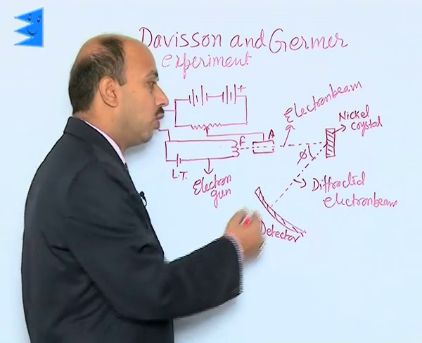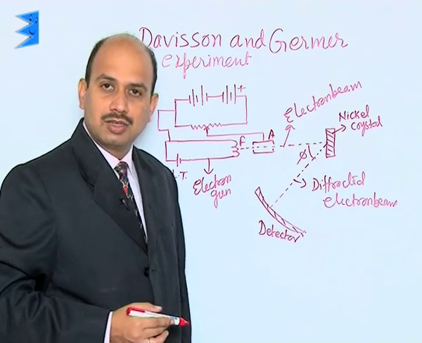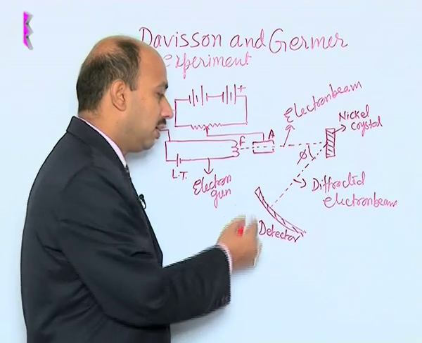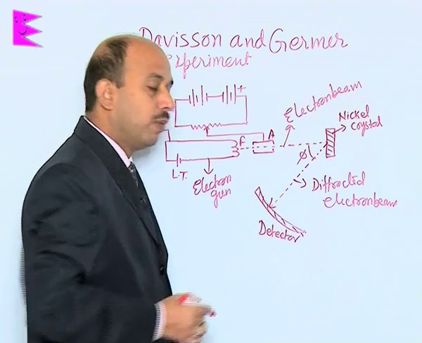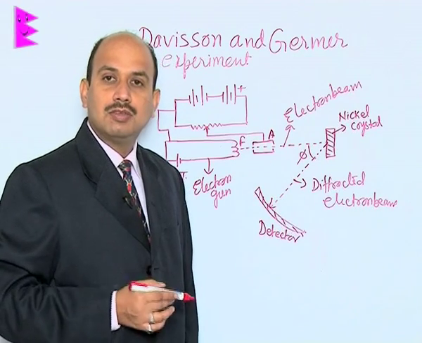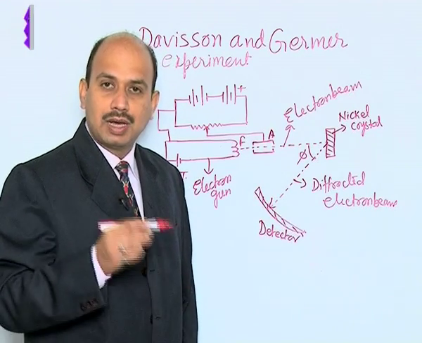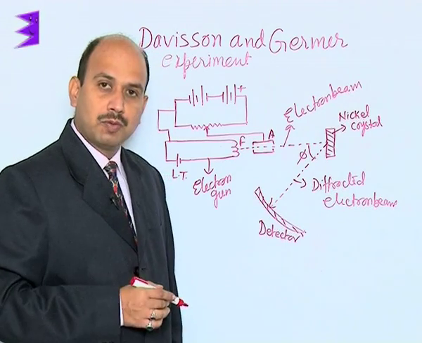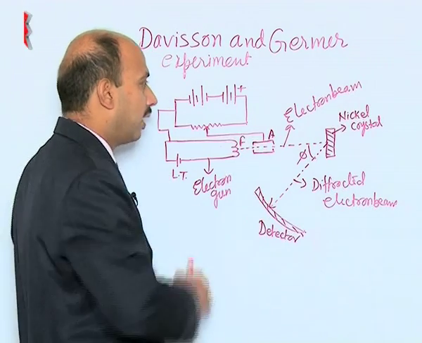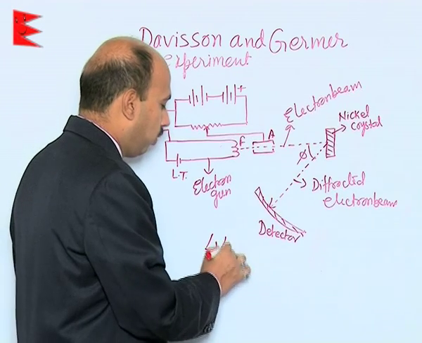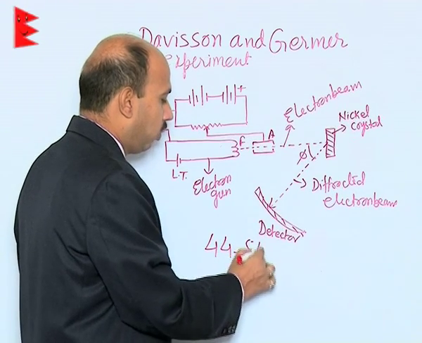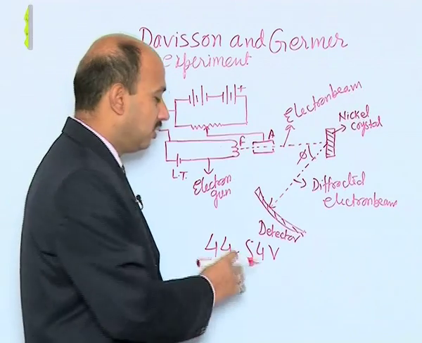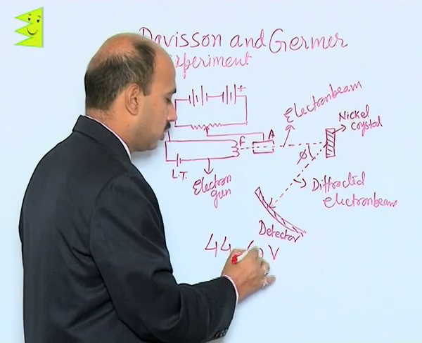When this electron beam gets diffracted in all directions, by using a detector we find the point where the intensity of the scattered beam of electrons is maximum. When this experiment was performed, the voltage was taken from 44 to 54 volt, or 68 volt.